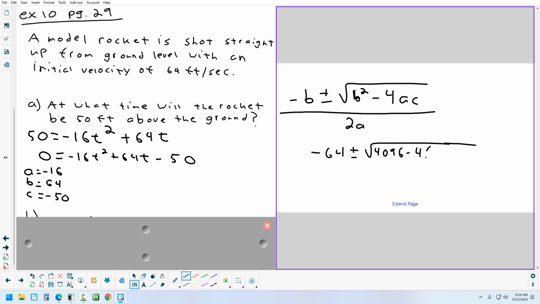Minus 4 times A times C. A is negative 16. C is negative 50. We're going to divide that by 2 times A. What's 2 times A going to be? Negative 32.